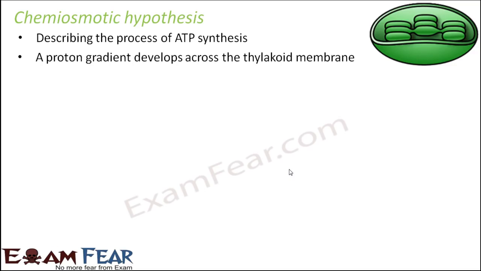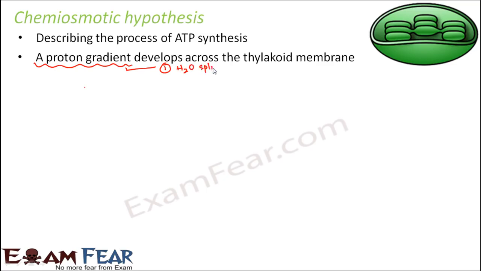So here a proton gradient develops across the thylakoid membrane. This is the proton gradient which I was talking about in the previous slide. How is this gradient developed? This gradient develops by two factors. There are two things involved. First thing is the water splitting reaction.